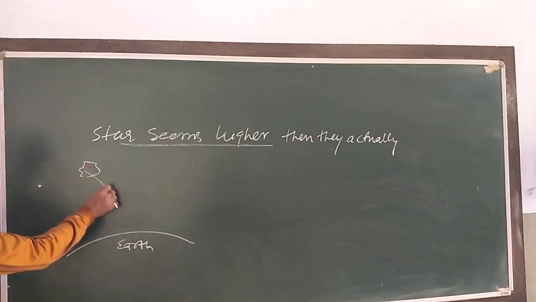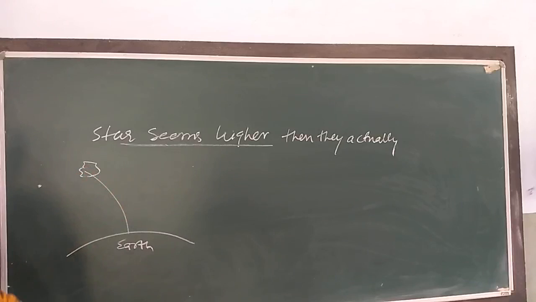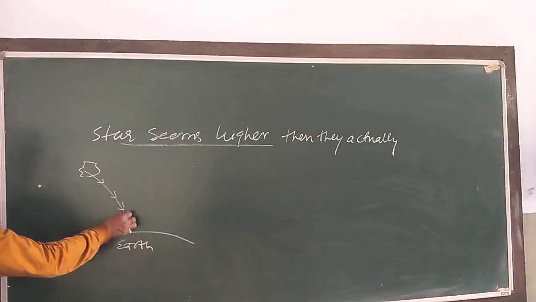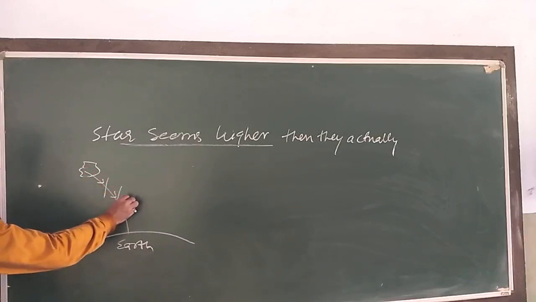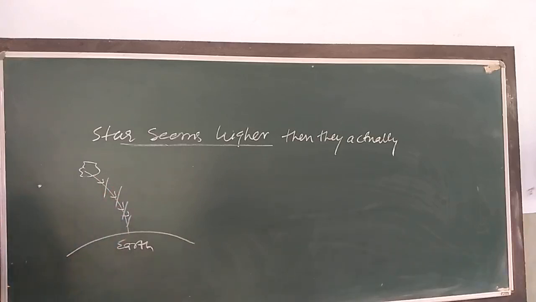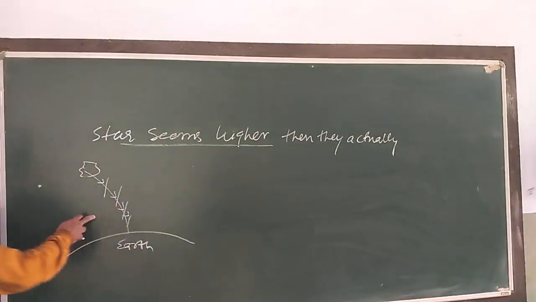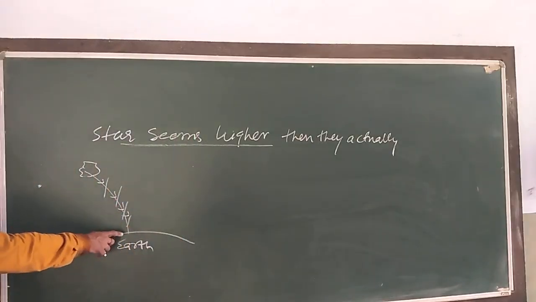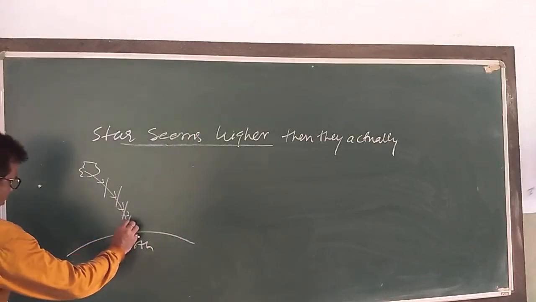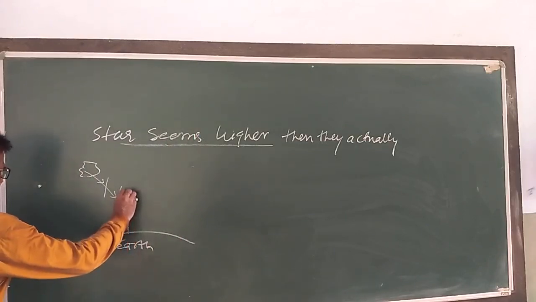In this manner, every time it bends towards the normal, since the optical density of air increases towards the surface of the earth. On producing the final refracted ray backward, like this.